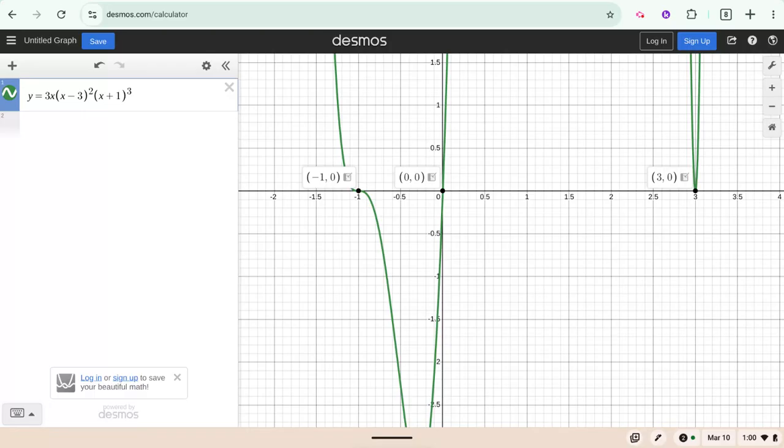You have this inflection point where the graph sort of does this little squiggle. And you would expect that any higher odd degree, if it had a multiplicity of 5 or 7 or 9, it would be even flatter there where it crosses the x-axis.